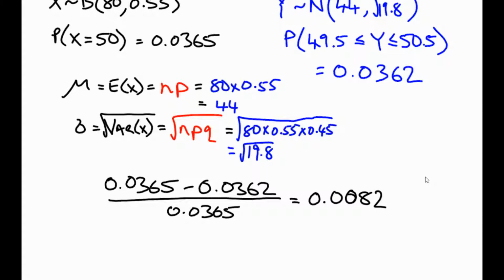So that's 0.82%. So the approximation, under good conditions, is not very far off from the accurate or original answer. Hopefully that will increase your confidence in using the normal approximation in responding to certain questions.